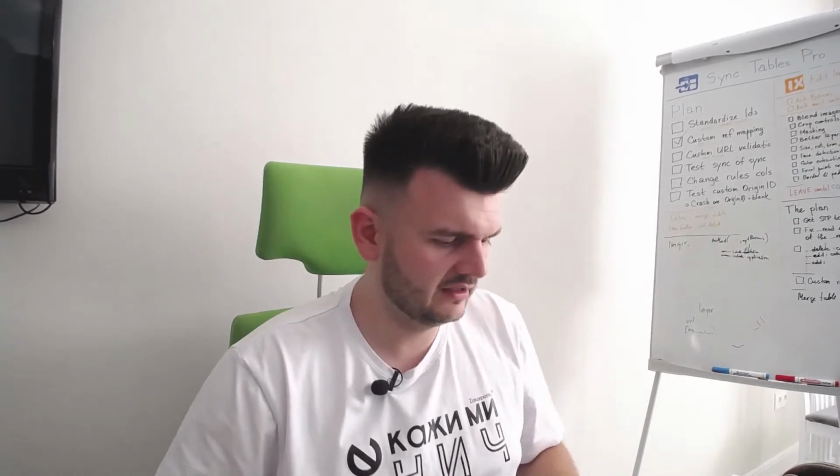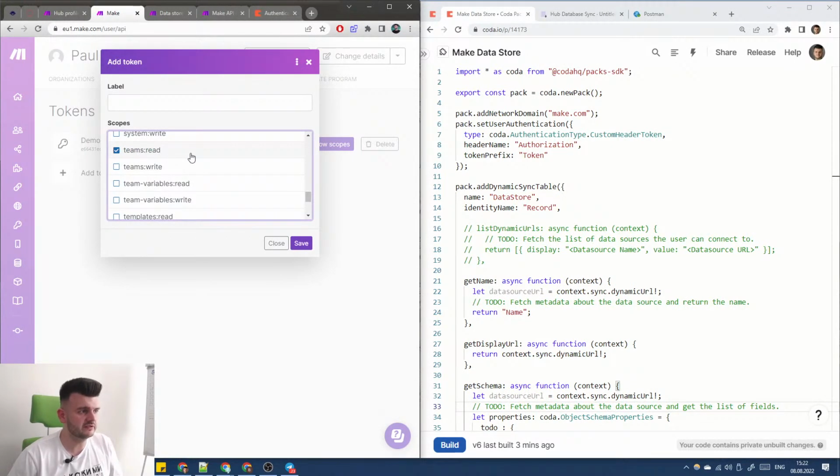And while I'm at it, I could also make this token have the teams read permission, because yeah, organizations read or teams read.